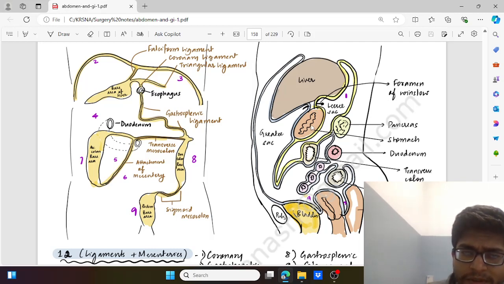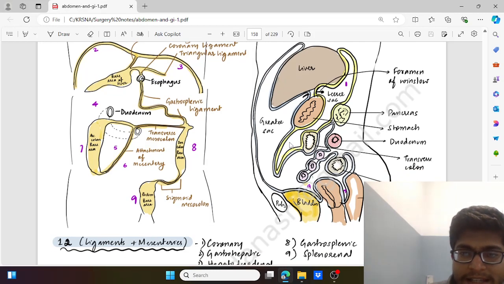It is bounded by the gastrohepatic ligament and the hepatoduodenal ligament. And this is the greater omentum, also called the gastrocolic ligament.